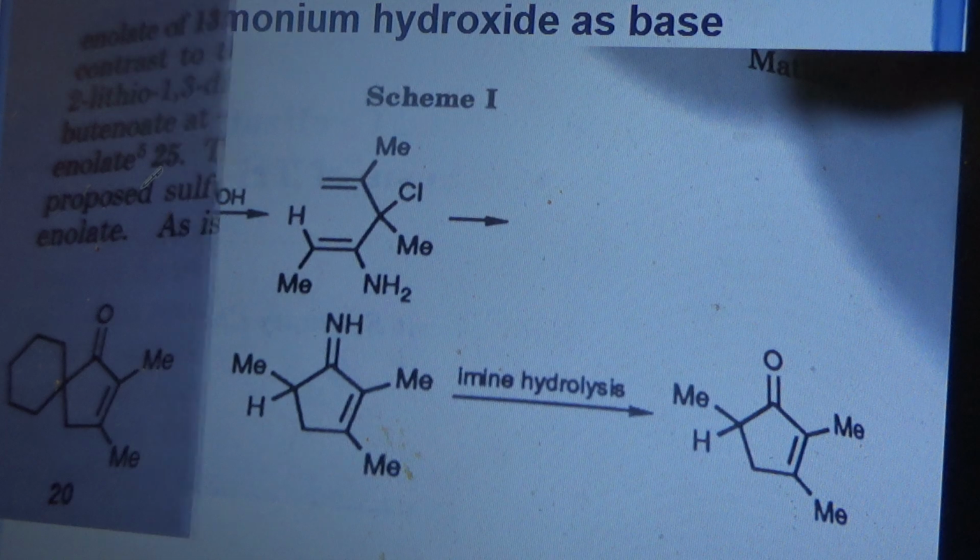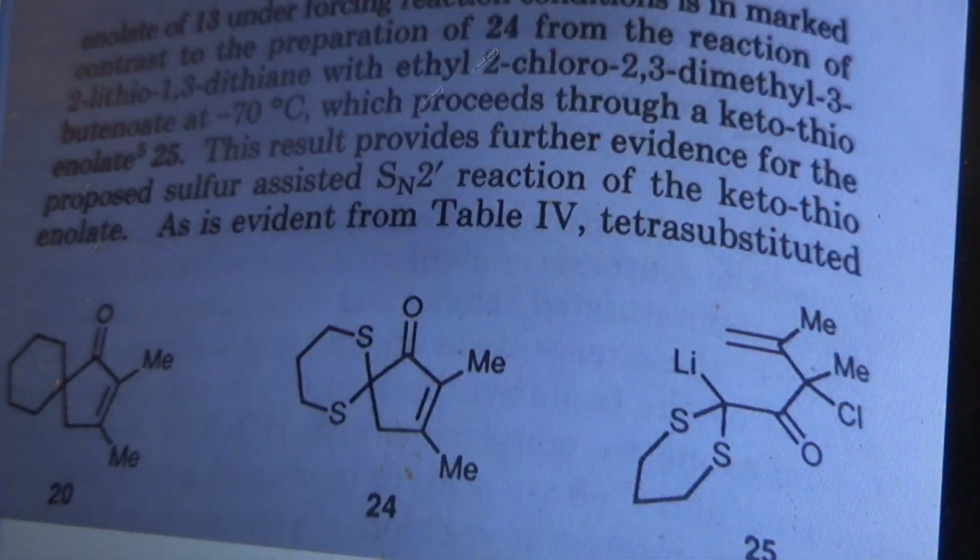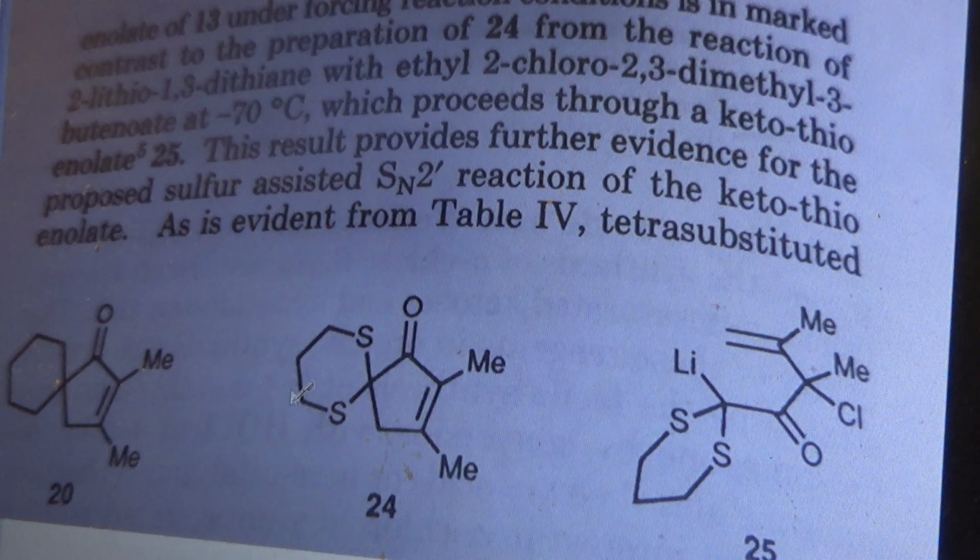And the other one, the mechanism of base-induced cyclization: we can clearly propose that in this case it was a simple enone addition, SN2. But in the case of reactions of sulfur-based nucleophiles with esters, we did this reaction first with unsaturated alpha-chloro esters, and we found that the anion of dithiane reacts with the alpha-chloro unsaturated esters to give the Claisen product.